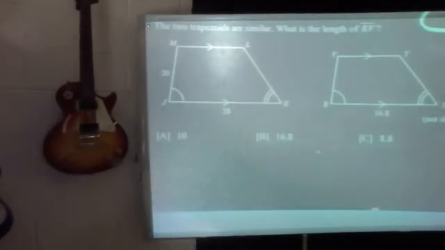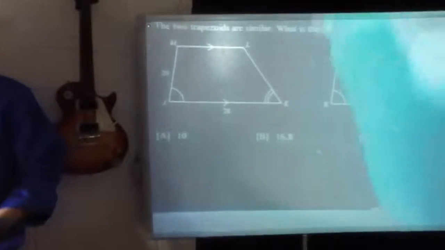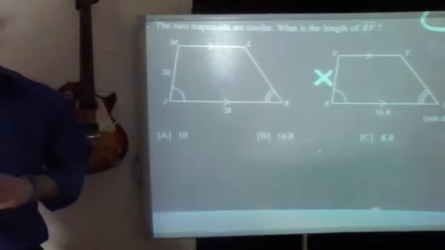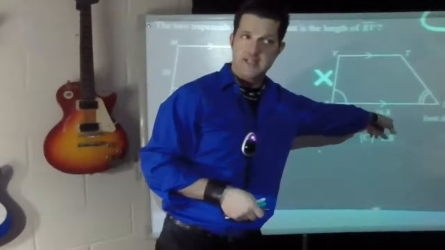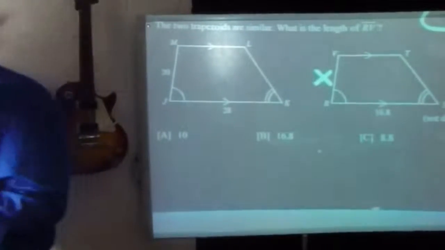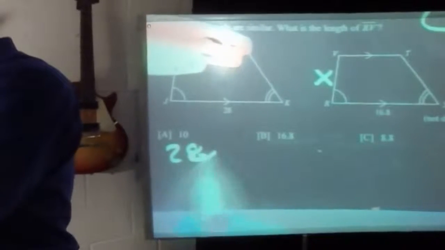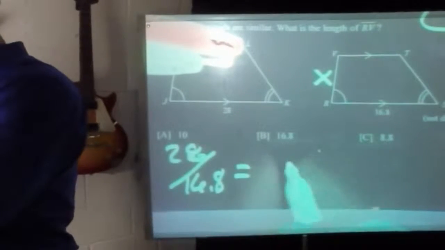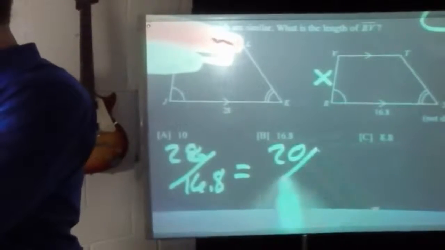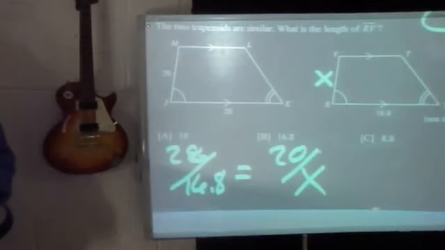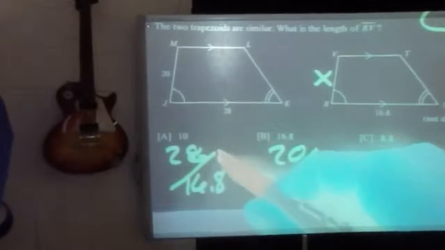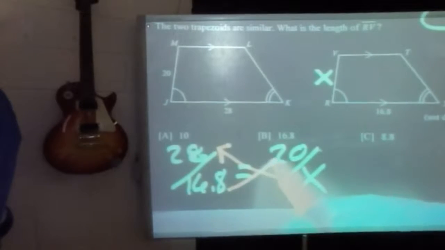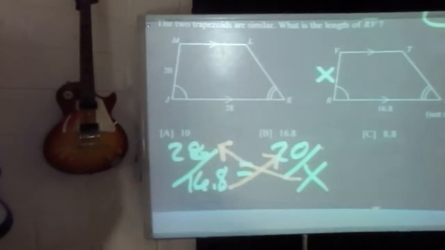Similar trapezoids. We're trying to find RV, which is over here on the left of this one. So we could go 20 over x, or you could do this one first. 28 over 16.8. I know it's not a whole number, but 28 over 16.8 equals what over what? 20 over x. Cross multiply. Will you write this out first? Just write it instead of letting Mariah give you the answer. Oh, yeah, we'll slow down.